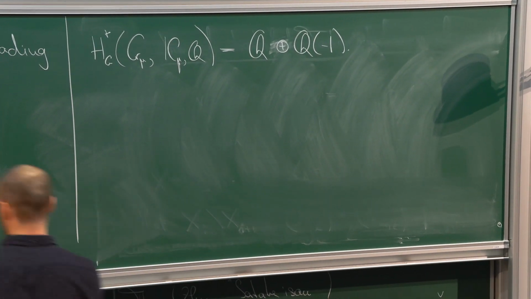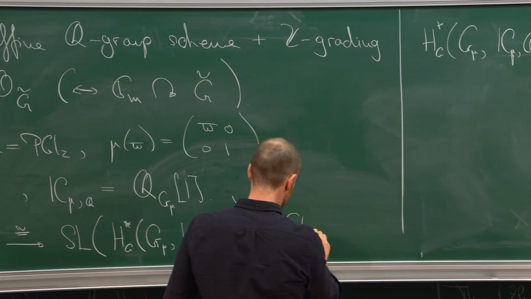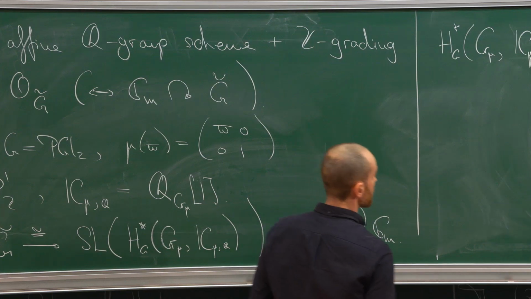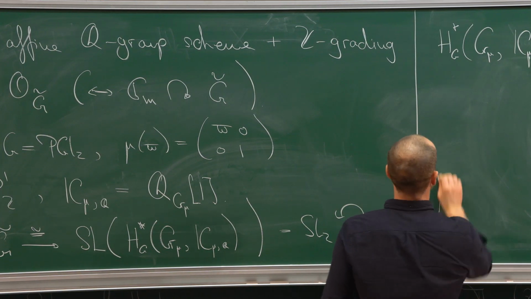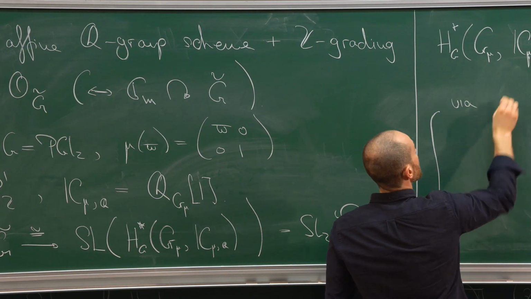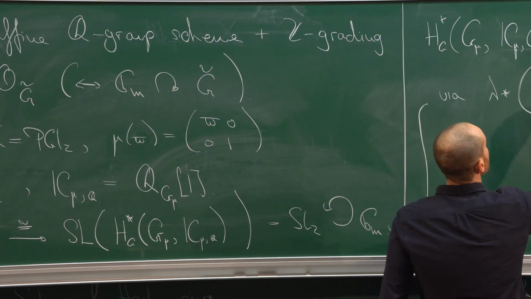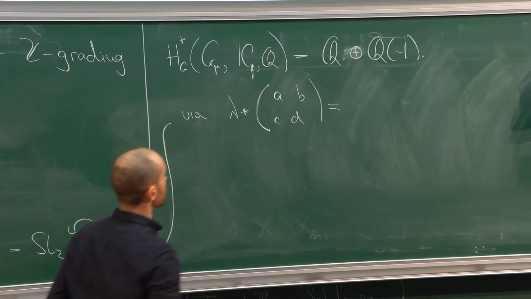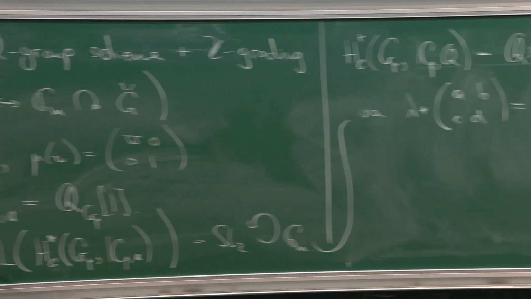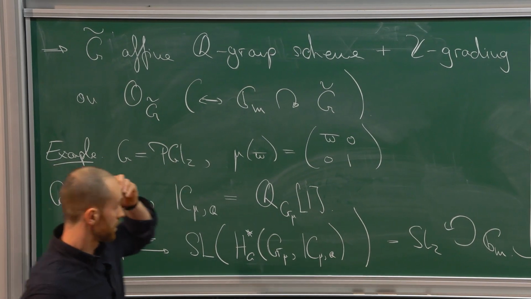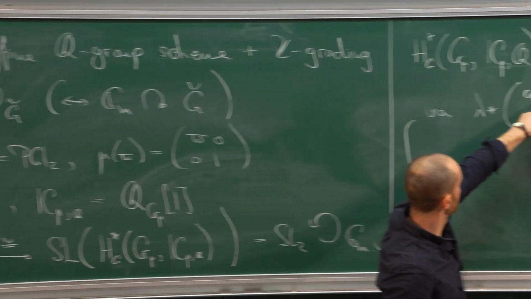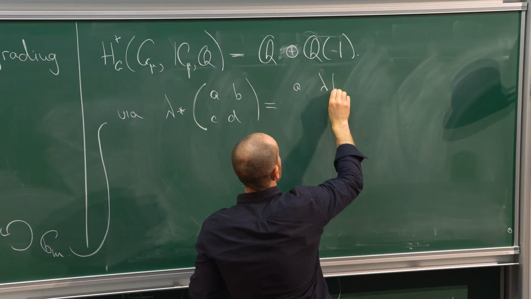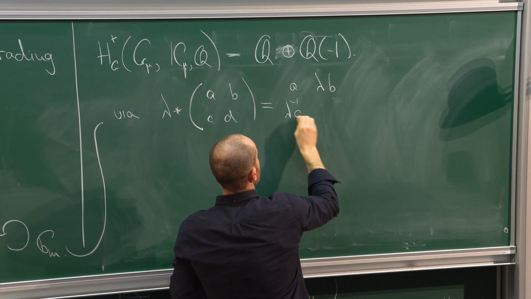And this is just SL2, but now it has a G_m action, and this G_m action is via the normalization with the grading. So here you have weight 1, and here you have weight -1. So a, lambda b, lambda inverse c, d.